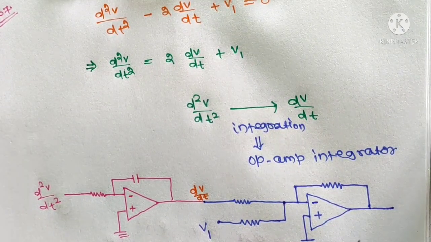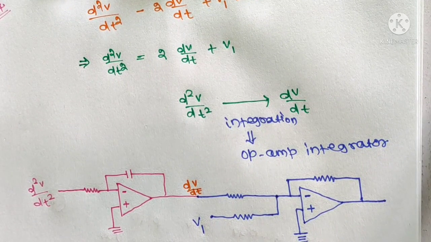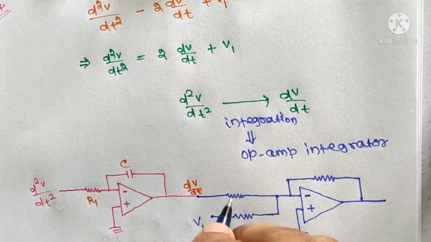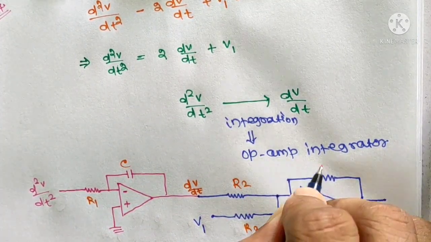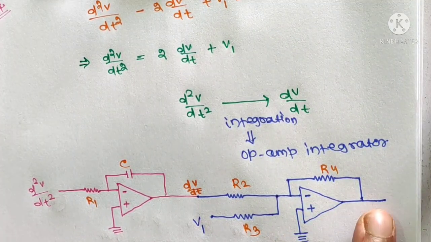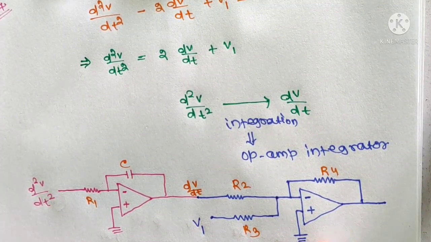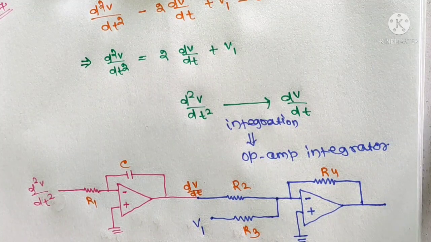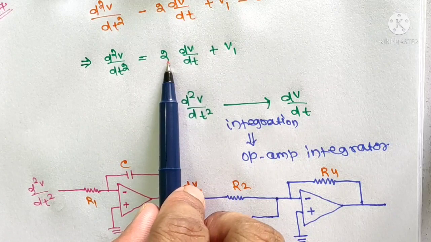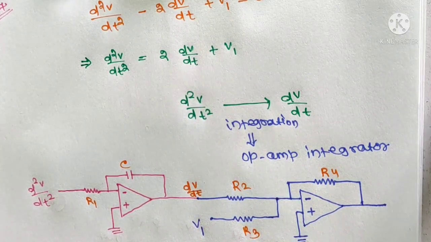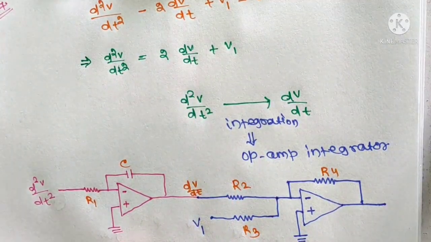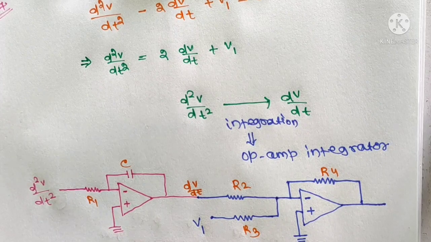Now here output. तो देखो ये यूज कर लो, जैसे कि इसको R1 ले लो, C ले लो, R2, R3, R4. तो देखो फाइनली हमें यहाँ क्या मिल जाएगा dv by dt प्लस v1 एज इट इज एन एडर सर्किट. सो देखो ये जो 2 है ना, यहाँ कोफिशिएंट 2, देखो हम ये R2 और R4 की रेशियो ऐसे डिफाइन करेंगे और ऐसे यूज करेंगे जैसे कि हमें ये कोफिशिएंट भी आएगा साथ में कि 2 dv by dt प्लस v1. तो देखो फाइनली टू फाइंड दिस एज आउटपुट फ्रॉम d2v by dt स्क्वायर वी नीड 1 op amp इंटीग्रेटर एंड 1 op amp एडर.